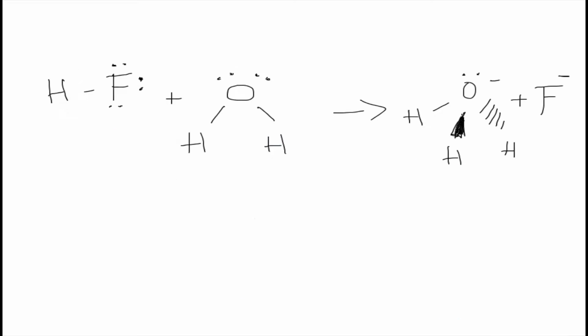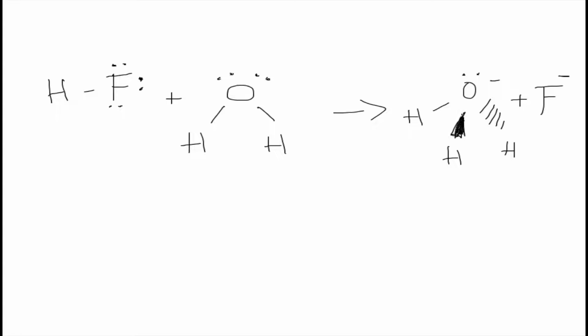Our second problem is the ionization of the weak acid HF in water. And we're going to form hydronium plus the fluoride ion. So this one is a little tougher to understand at first than the first problem.